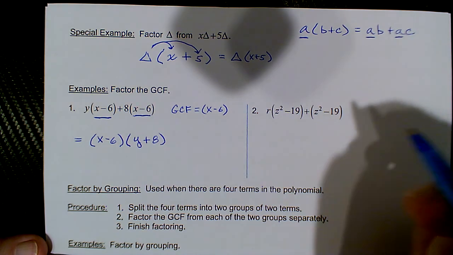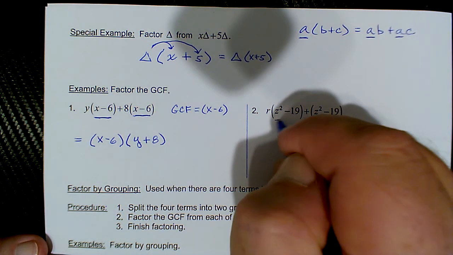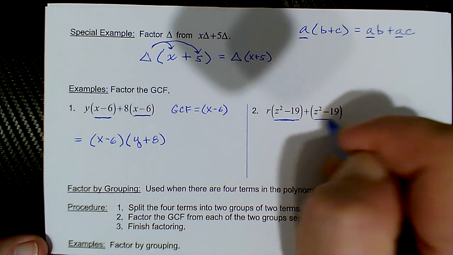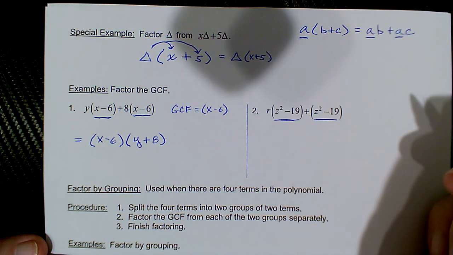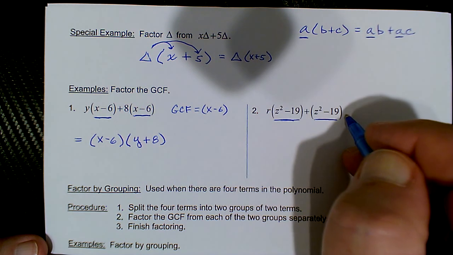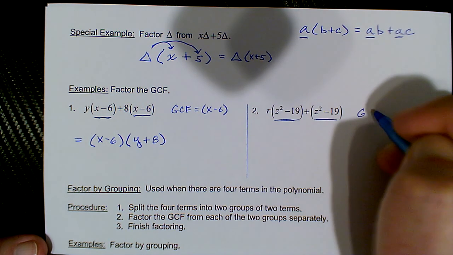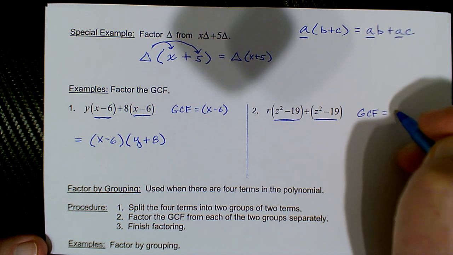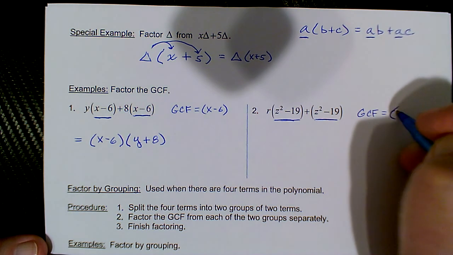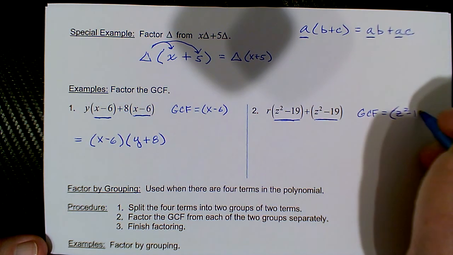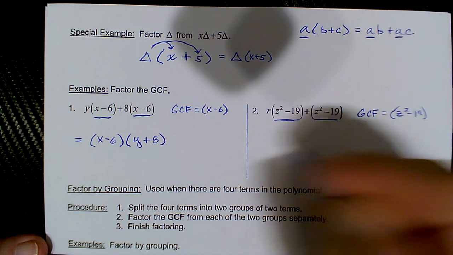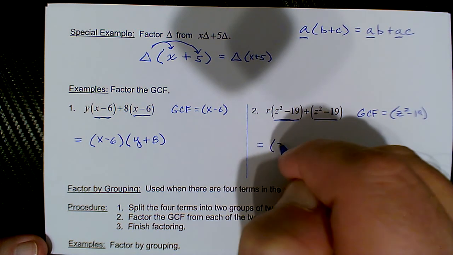Okay, so in this example now we have the z squared minus 19 as a binomial quantity that is common to both of these terms. And so the greatest common factor is the binomial z squared minus 19. So I would write that down. That's behaving as the triangle.